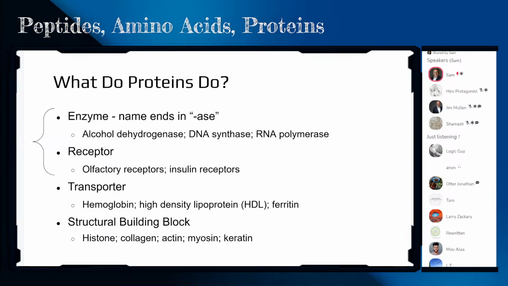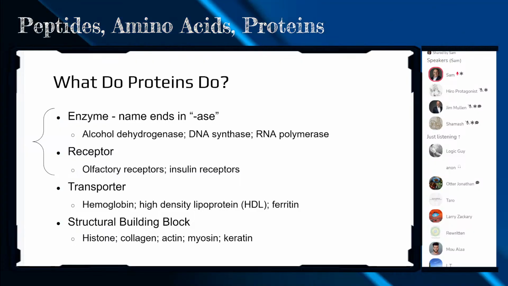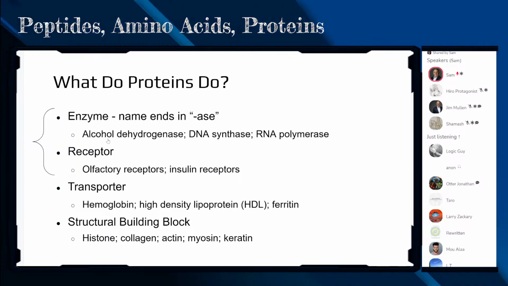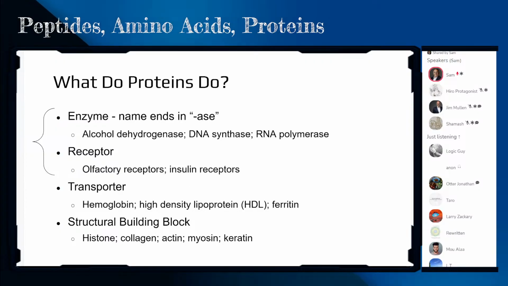So for example, when a molecule attaches to olfactory receptors in our nasal cells, they cause a signal inside the cell to produce a signal outside of the cell into the brain, and then we recognize that as the smell of a rose or a fart or whatever. Or insulin receptors on the surface of cells regulate how much sugar gets into the cell. There are a ton of other receptors.